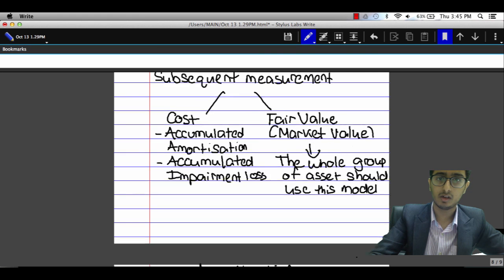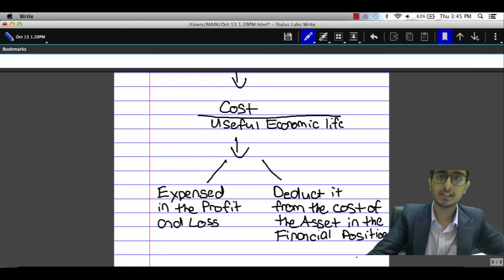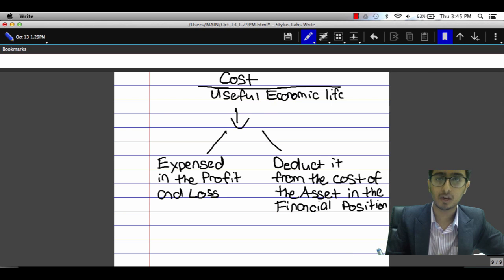Now, there can be certain scenarios where the useful economic life of the intangible asset, or you can say the number of years which the asset can actually bring benefits to us, in certain scenarios cannot be measured. Now, what do we do when we cannot measure the useful economic life?